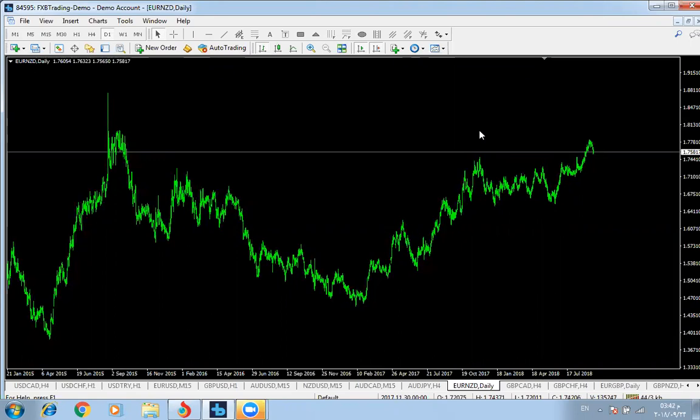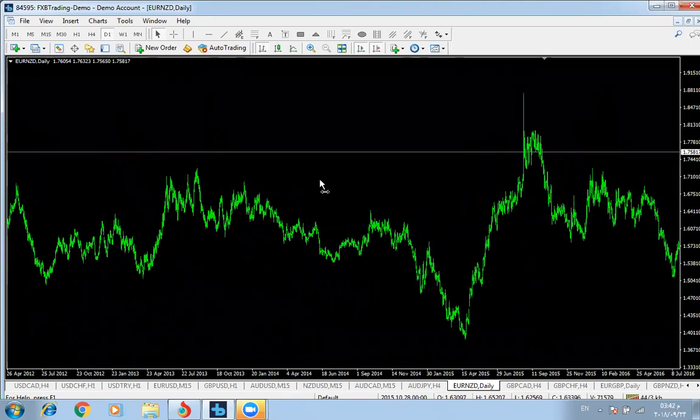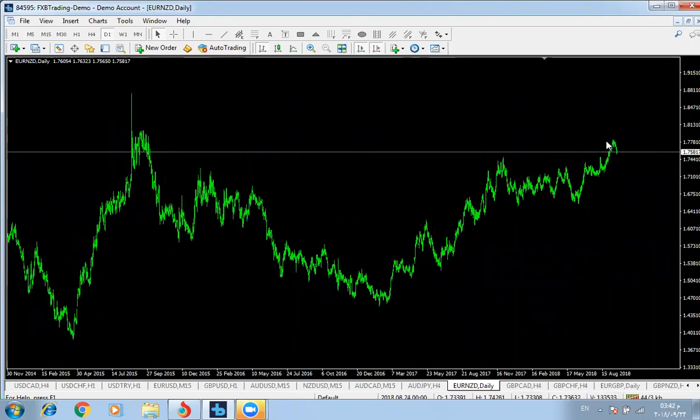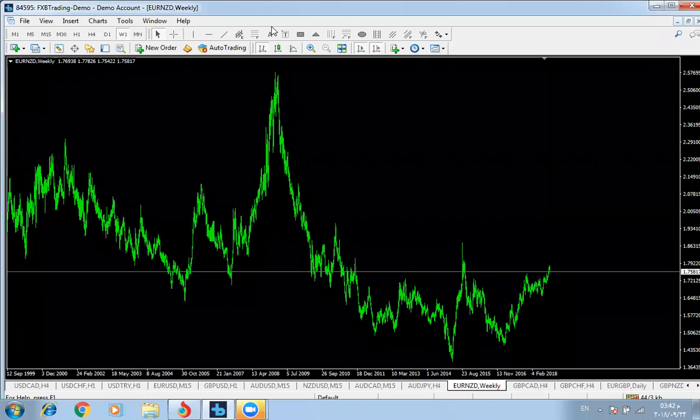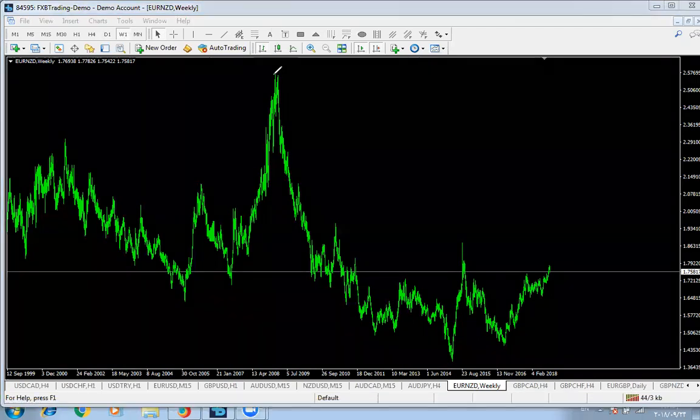This is, as you see from the screen, Euro New Zealand, daily time frame. As we see from this chart, we are in a correction. This is the weekly chart. We are having the first impulse to the downside.